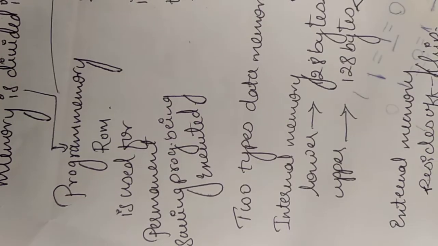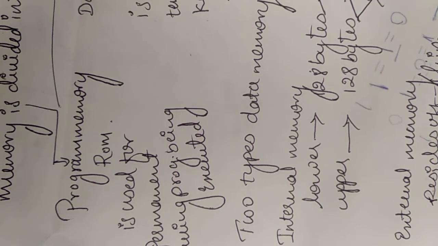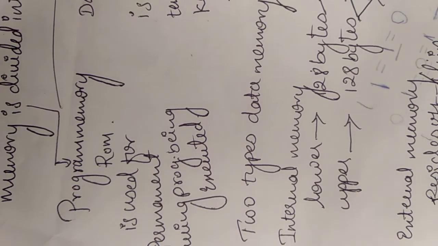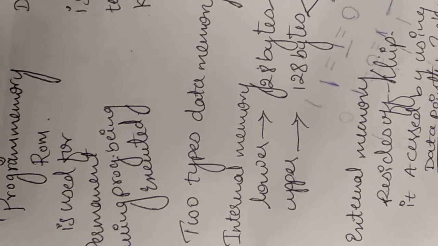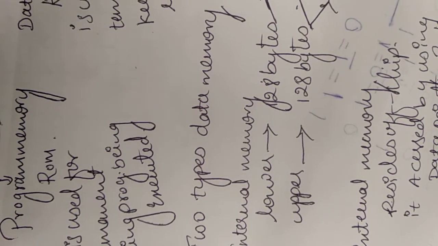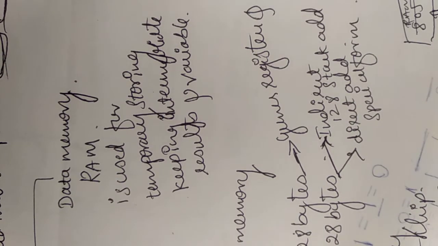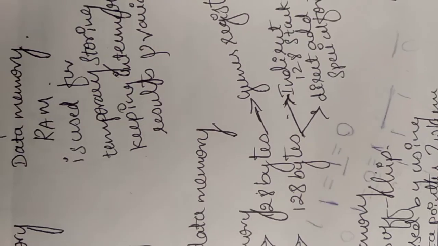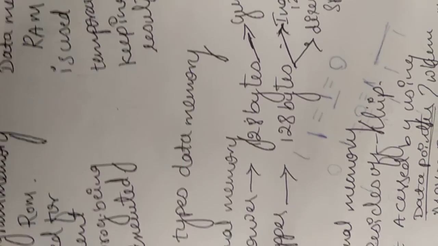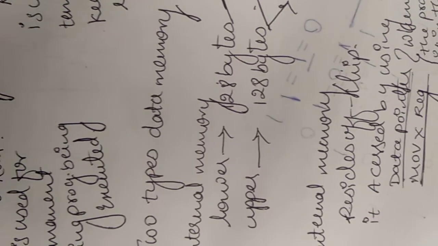Further we have two types of data memory, internal and external. In internal memory we have upper and lower bytes. The lower bytes are used for general purpose registers, and the upper bytes are used for indirect and direct addressing of special registers and stack registers.